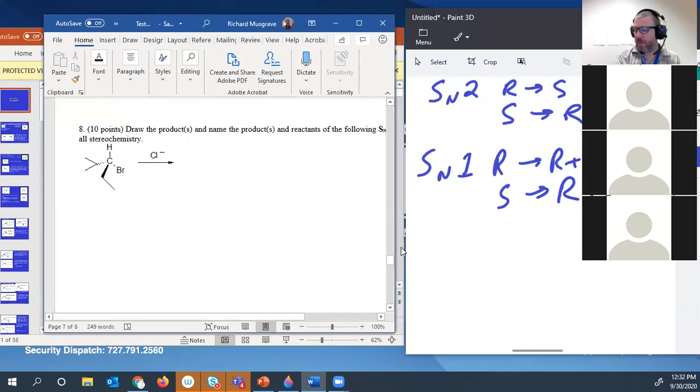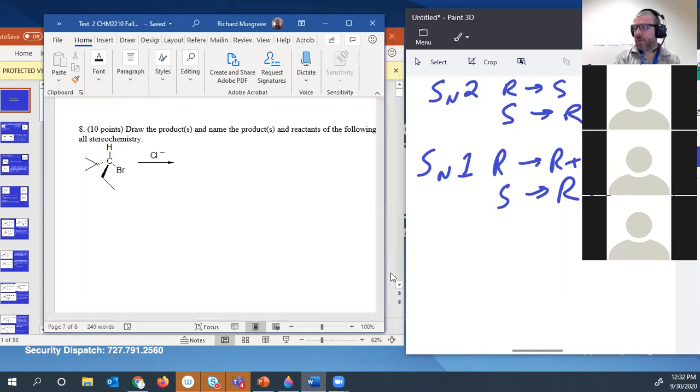So what's important here is the kind of reaction we're dealing with. It says, draw the product or products and name the products and reactants following Sn2 reaction, include all stereochemistry. So I'm actually going to do both Sn1 and Sn2, but I'll do Sn2 first because that's what it says in this problem. Okay, so let's see how we go about doing that.